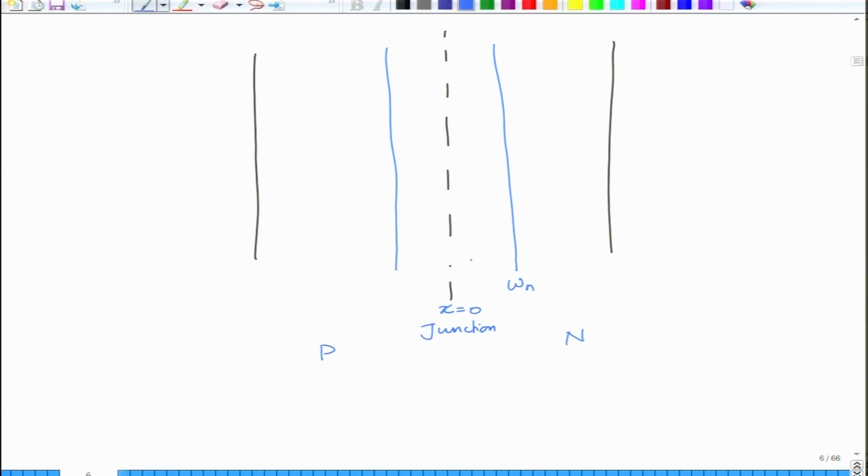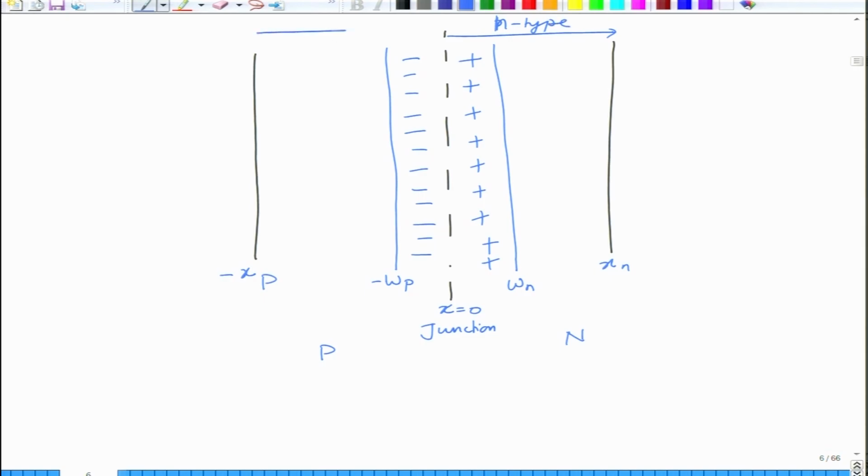This is the depletion region. Here we have positive donor ions, on this side we have negative acceptor ions, but there are no free carriers. This is minus Wp, this is plus Xn, this is minus Xp. This side is n type and this side is p type.